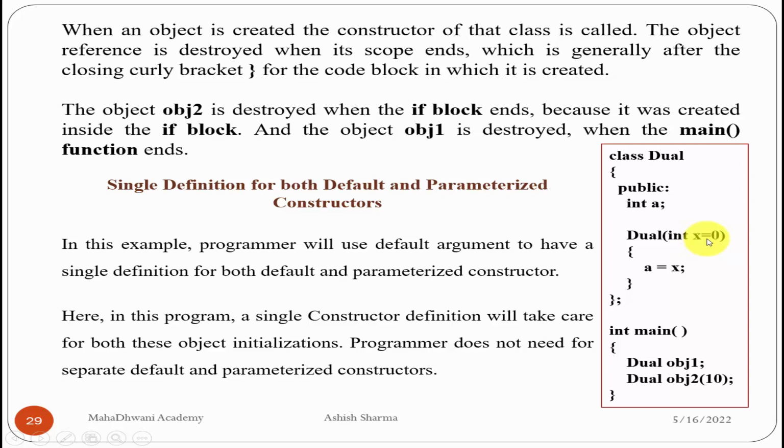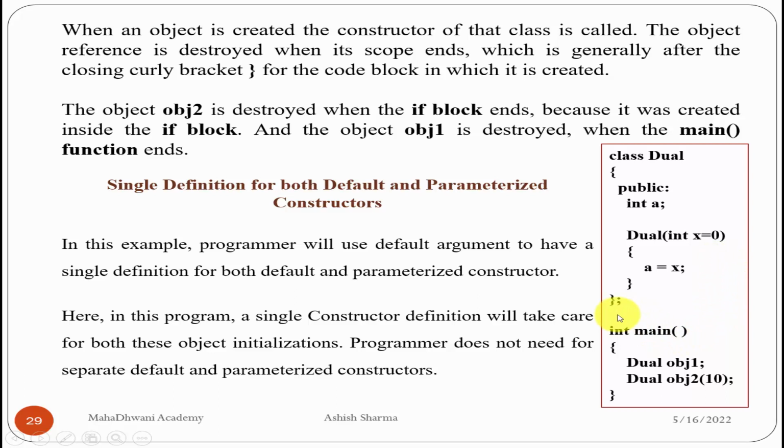If you pass a value from an object outside the class, the value of x will be changed because x is a variable, and the changed value will be assigned to the variable a of the class. But if you are not passing any value from outside, it means you are using the default constructor. The default value is 0 for this class, so this 0 will be directly assigned to the variable a. That's why we can say we are using a default constructor as well as a parameterized constructor.